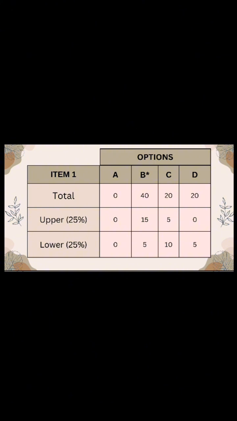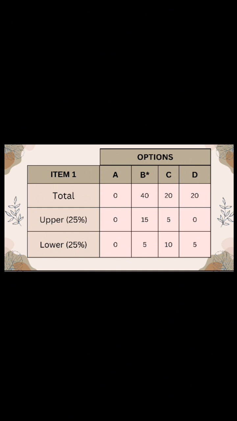Letter B has the highest number of takers in the upper group, and the lower group's most chosen is letter C.